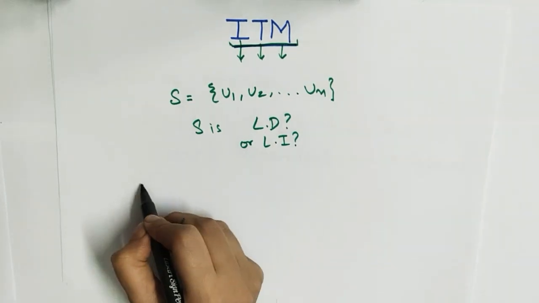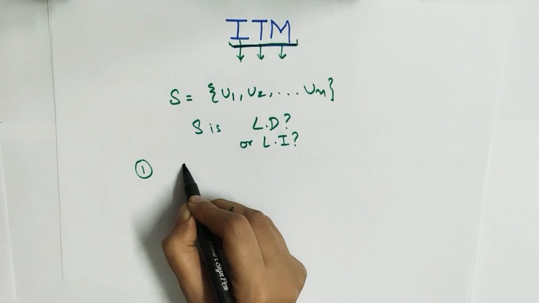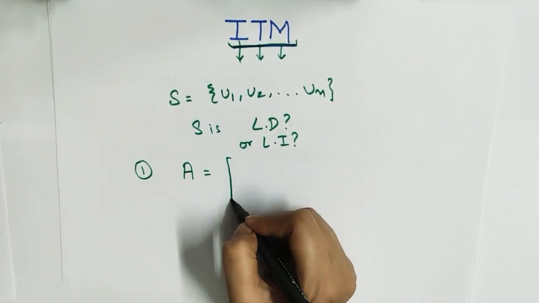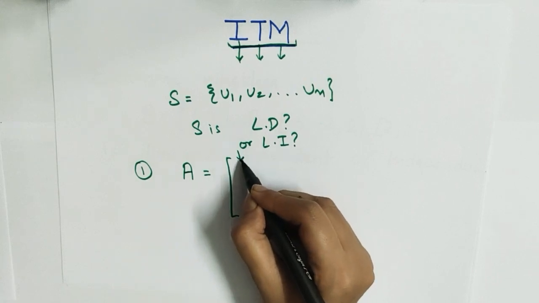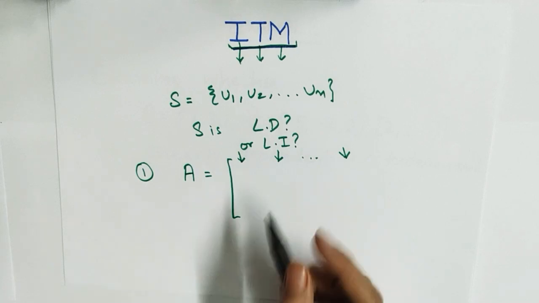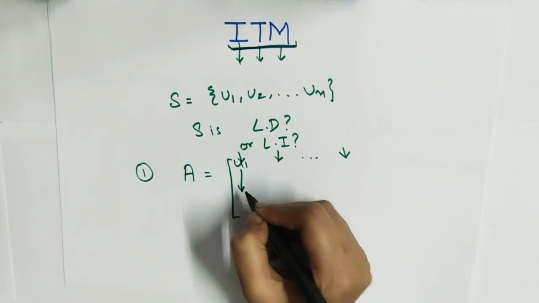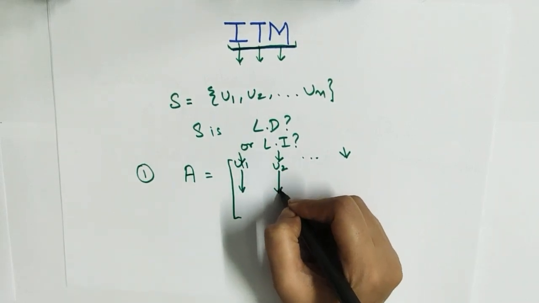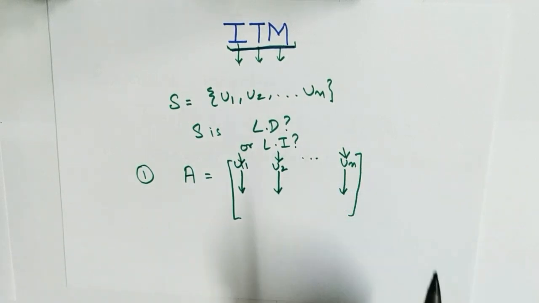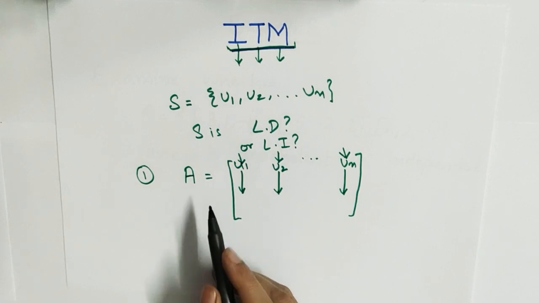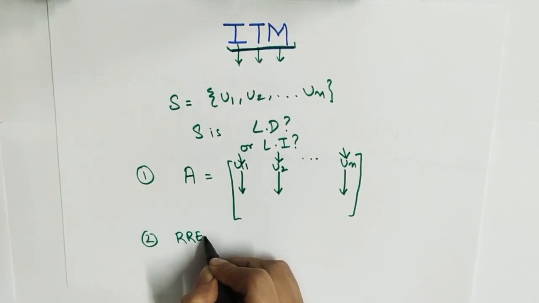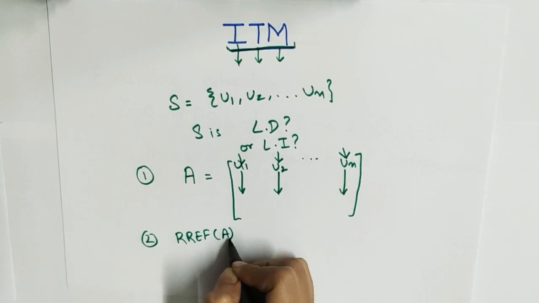For this we first construct a matrix A. This matrix A is constructed in a way that the columns of this matrix are vectors of S. So u1 will be my first column, u2 will be my second column, and un will be my nth column. After having this matrix A, we find the reduced row echelon form of A.